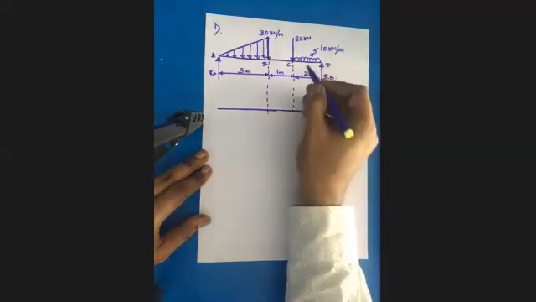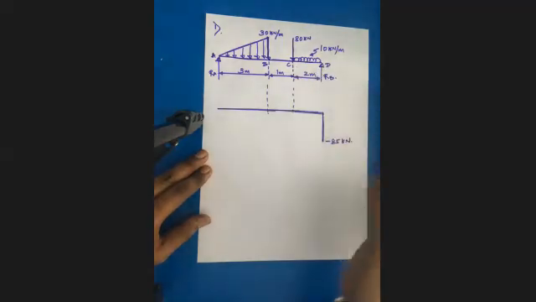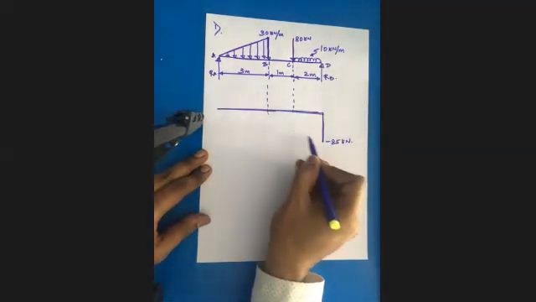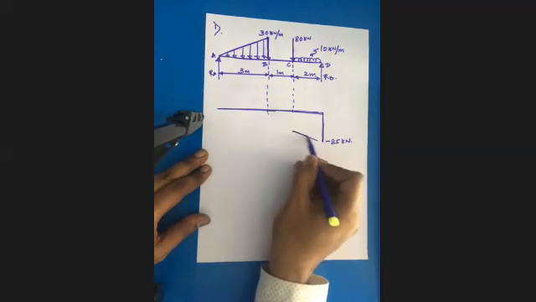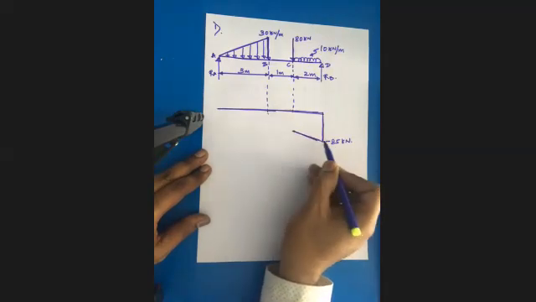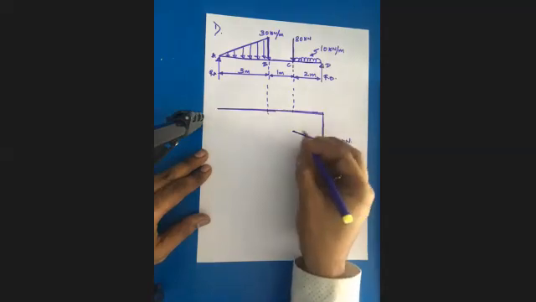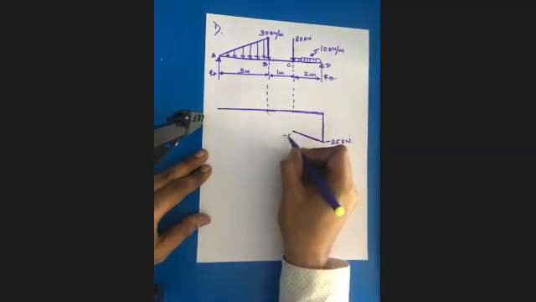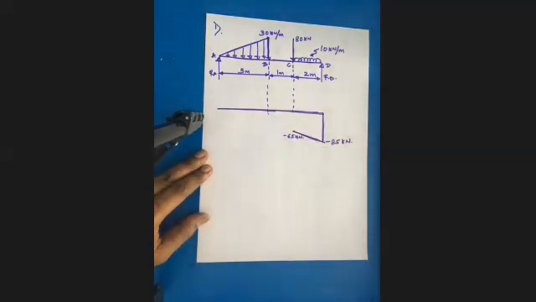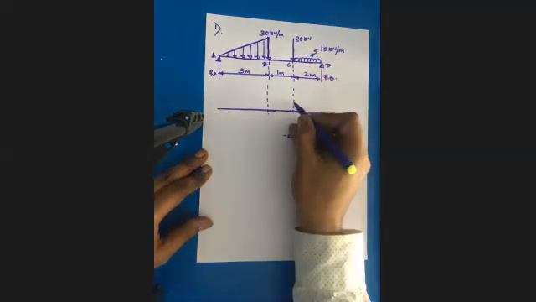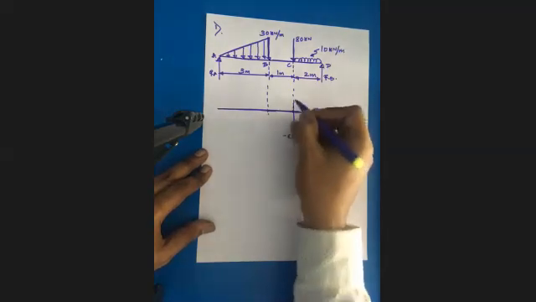Since there's a UDL from C to D, we have a linear variation of SFD like this. Also at point C, we have one more value, which is 15 kilonewton due to this point load. So I'll make it 15 here.